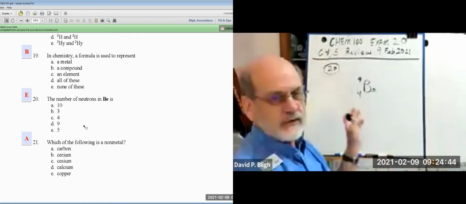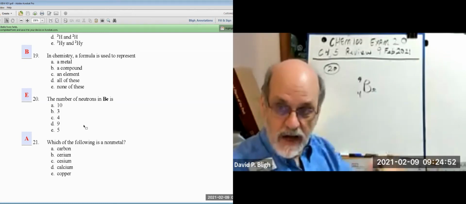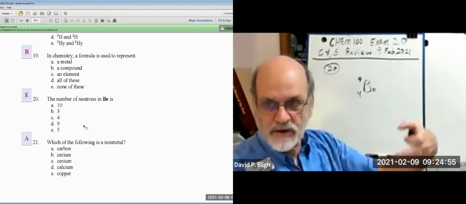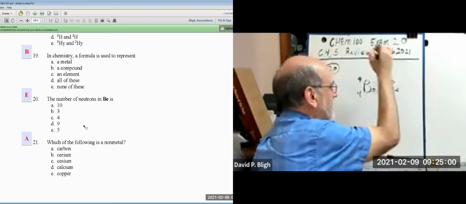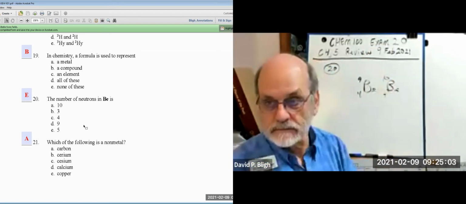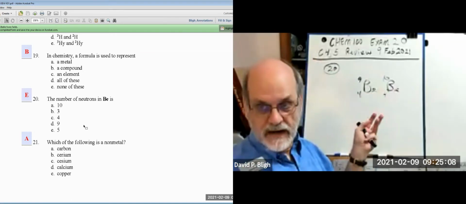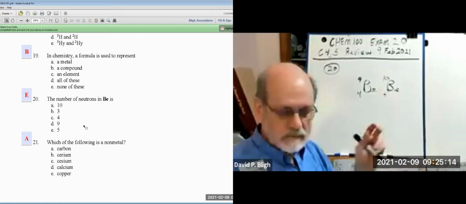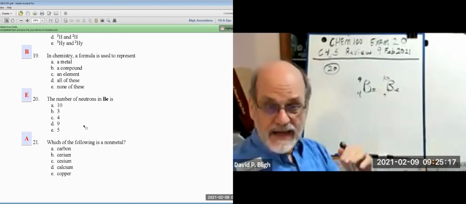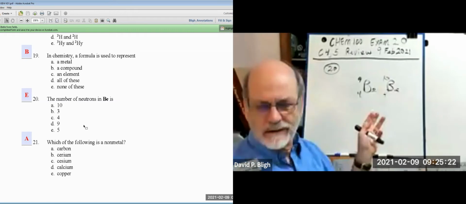The most common isotope. What's the next most common? Well, think about the weighted average is a little over 9. So it stands to reason the next one is probably 10, right, with 6 neutrons. And it's a very minor component because the weighted average is so close to 9. Then if you look at the selections, what do you have to select from here? Well, 10 can't be it, right?